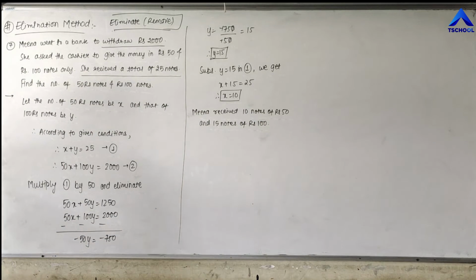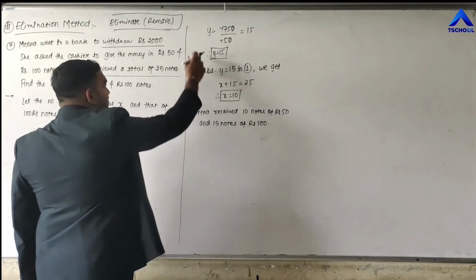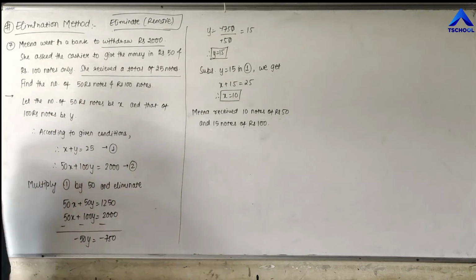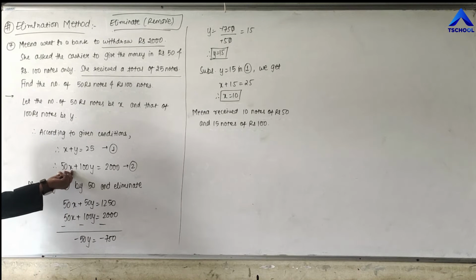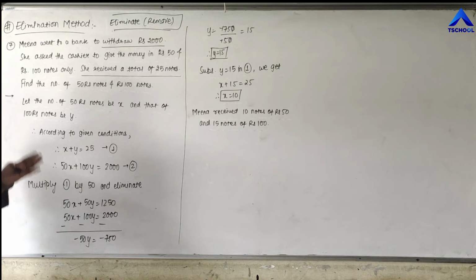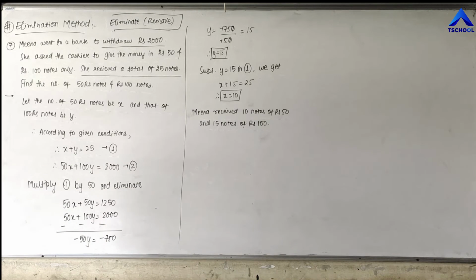You can verify it. 10 plus 15 is 25, so the first equation is verified. For the second equation, 50 into 10 is 500, plus 100 into 15, that is 1500. So 500 plus 1500 leads us to 2000. Is it clear, everyone, friends? So this is the solution to the given question: she received 10 notes of 50 rupees and 15 notes of 100 rupees.